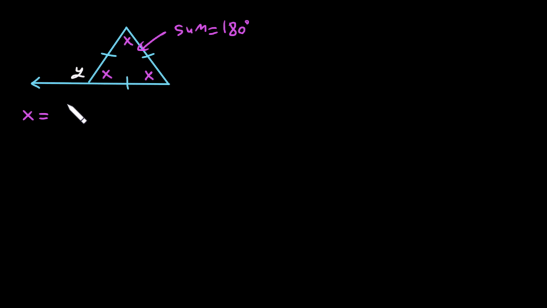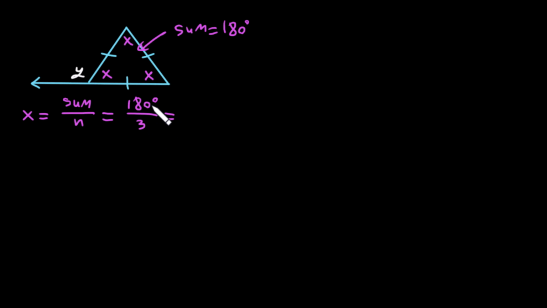So we can say sum divided by n. N is 3. Since the sum is 180 degrees and we know that these angles are equal, we just have to divide 180 degrees by 3.